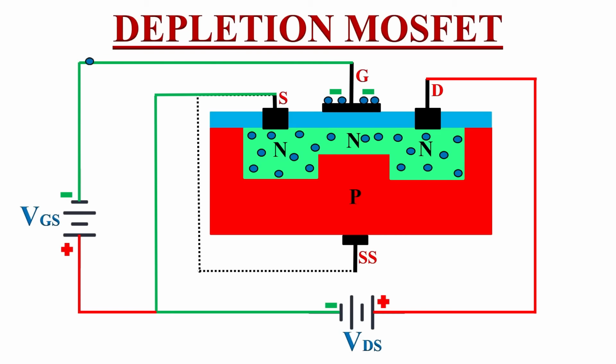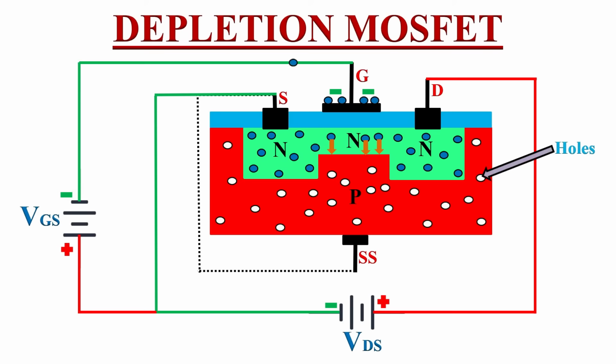So the negative voltage at the gate terminal will repel these electrons towards the substrate. As we know, the majority charge carriers in this P-type substrate are holes. So the electrons in the N-channel will recombine with the holes in the P-type substrate, and at the same time the holes in this P-type substrate will also get attracted towards the negative charge at the gate terminal.